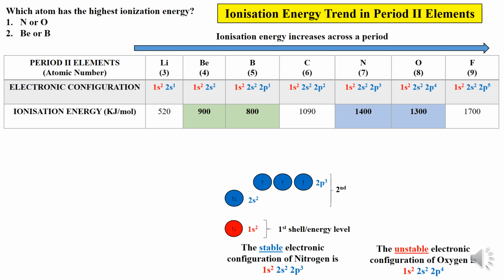I mean the 2p orbitals. The 2p orbitals in nitrogen are half filled, and that leads to the stable electronic configuration of nitrogen. And what about oxygen? The electronic configuration of oxygen is less stable because of the partially filled p orbital.